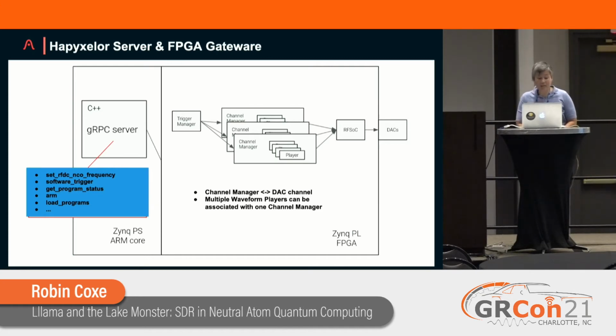So we can have multiple waveform players because in the case of the AODs, we need multiple tones per DAC channel, and they're encapsulated by this module called a channel manager. And we also have a digital trigger manager that's responsible for triggering external devices like laser shutters and the imager when we want to take a picture, etc.